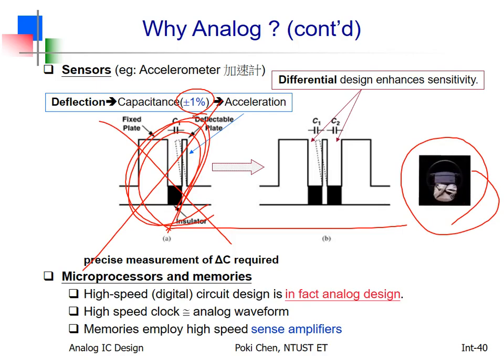The controller needs to make the decision whether or not to pop it out. 1% means what? Really hard to sense, right? Sometimes you hit something, no popping out, you are killed.